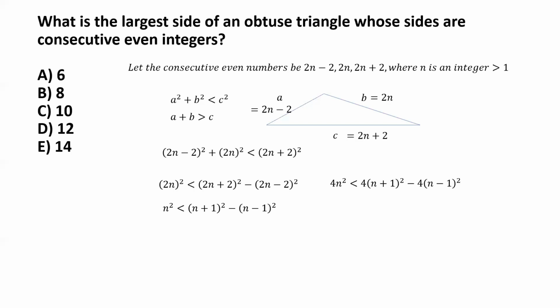If you expand out those whole square terms, you can show that the right hand side of the inequality will be 4n. So we end up with n square being less than 4n. And since n is not 0 and it's a positive integer, we can divide both sides of the inequality without altering the inequality itself. So if we do that, we basically get n less than 4.